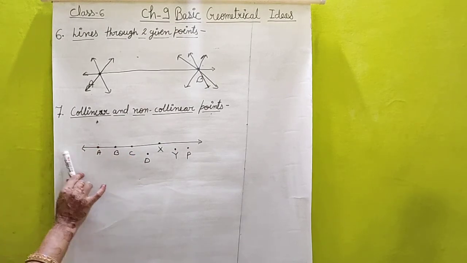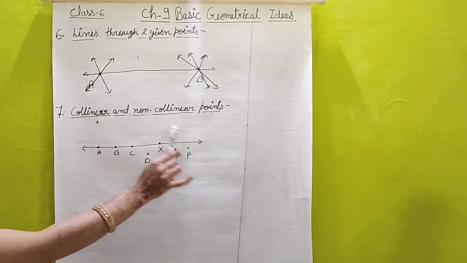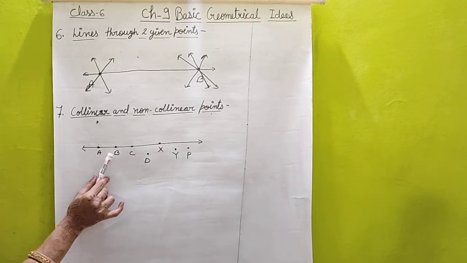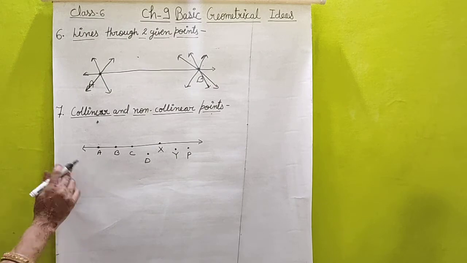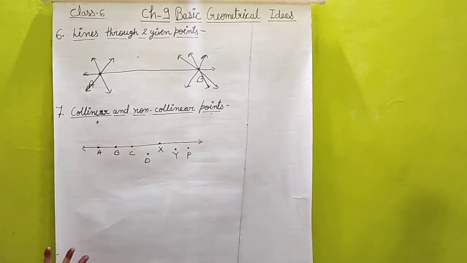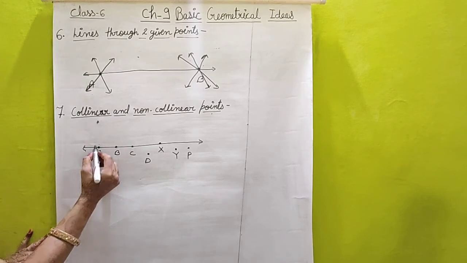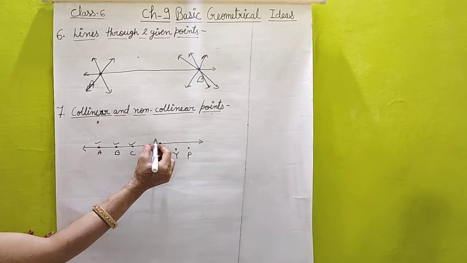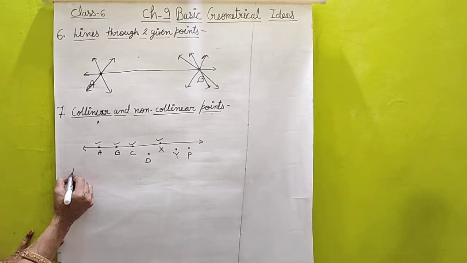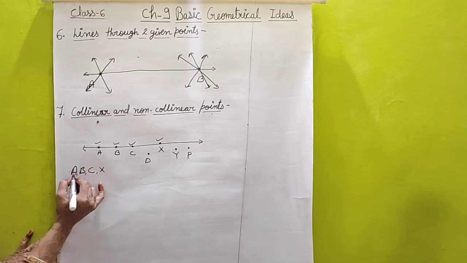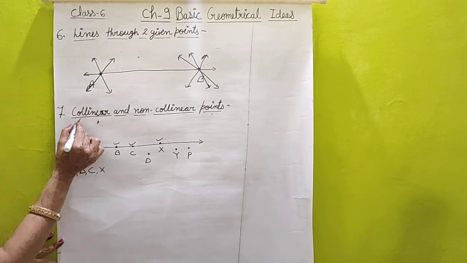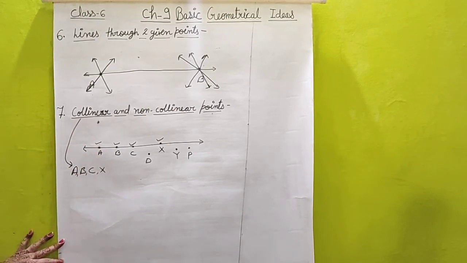So here one line I have drawn and so many points are given: point A, B, C, D, X, Y and P. Those on the same line, A, B, C and X, are collinear points because they are on the same line.